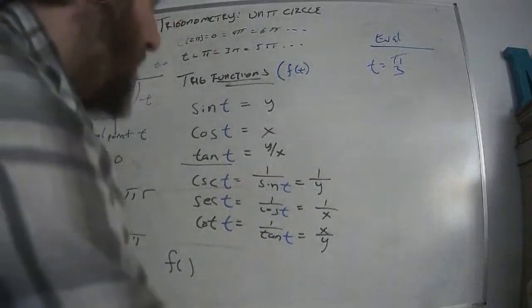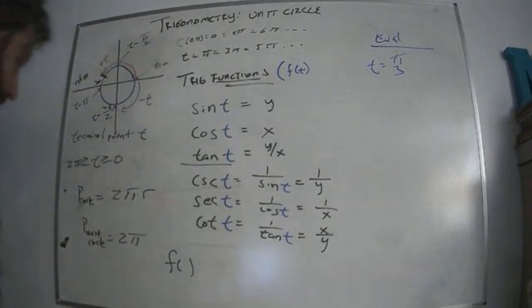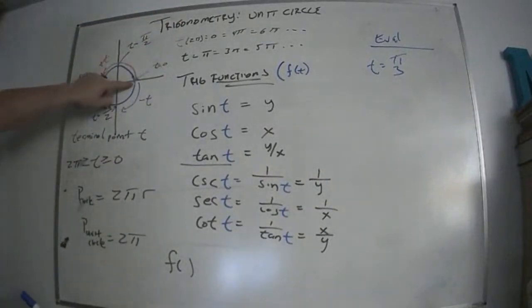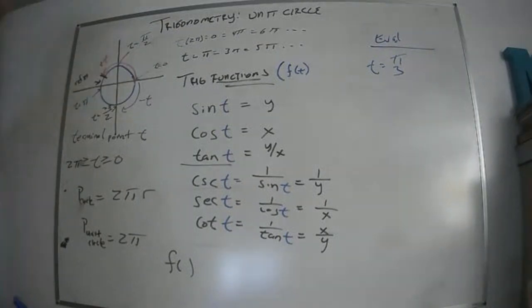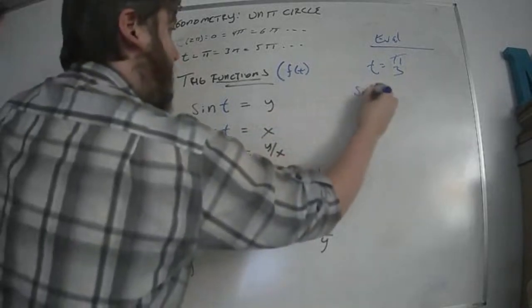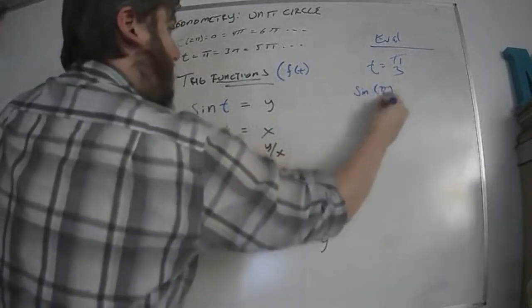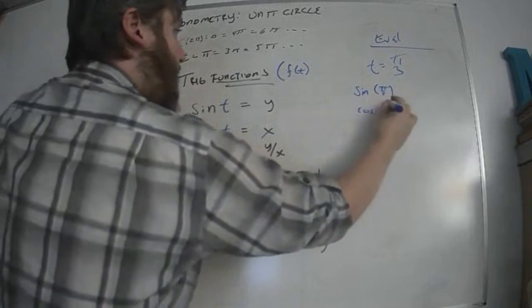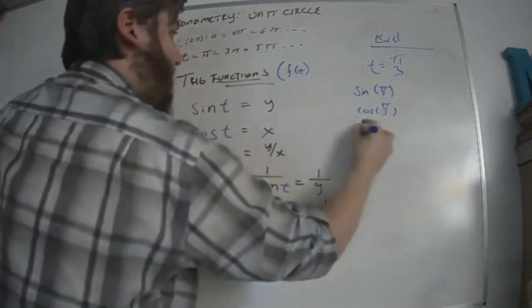Well, what does that mean, t equals pi over 3? It means I go from t equals 0, and I go around the unit circle until I get to pi over 3. Pi over 3 is less than pi over 2, so it's over here somewhere. And if I want to find the values, I want to find sine of pi over 3, cosine of pi over 3, and the tangent.